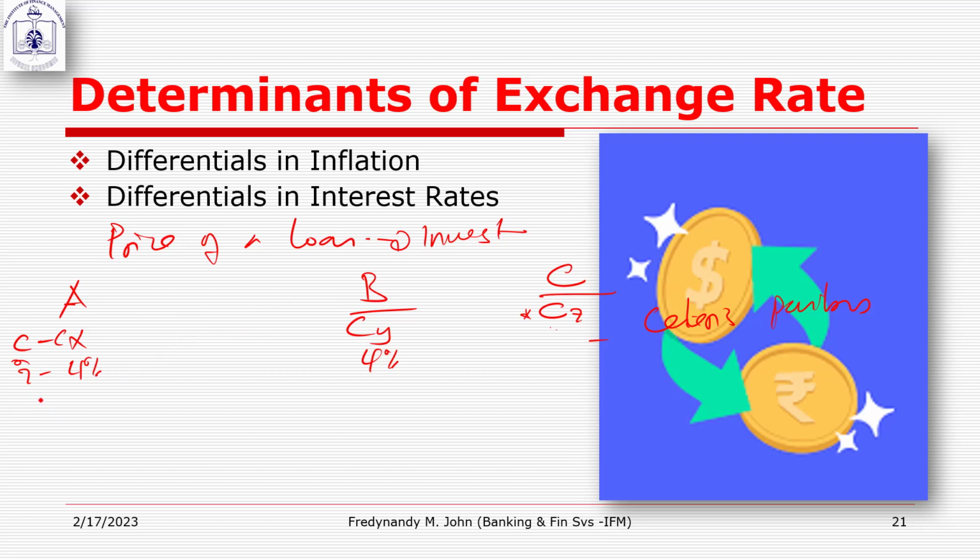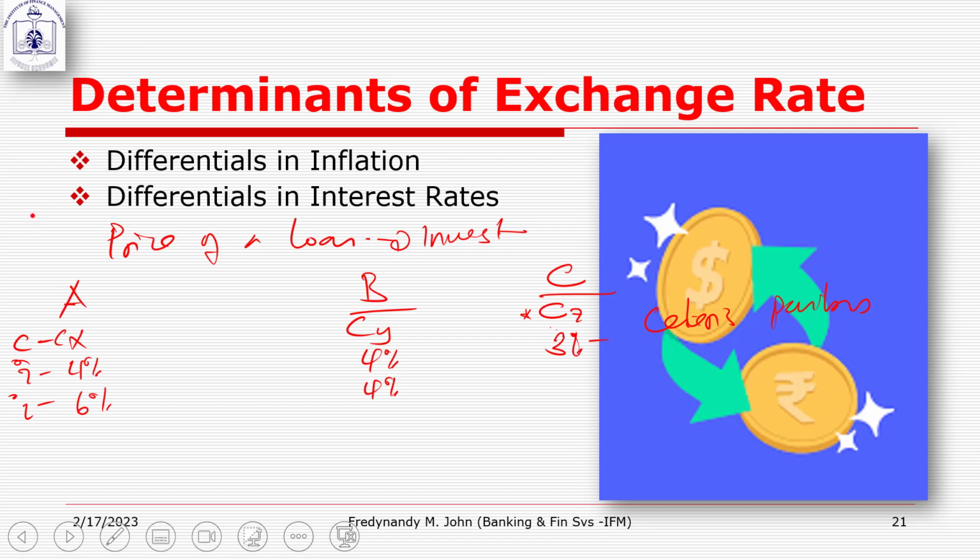Now, what will happen if country A raises interest from 4 to 6%, whereas country B keeps the very same interest rate? Furthermore, assume that the interest rate in country C is 3%.